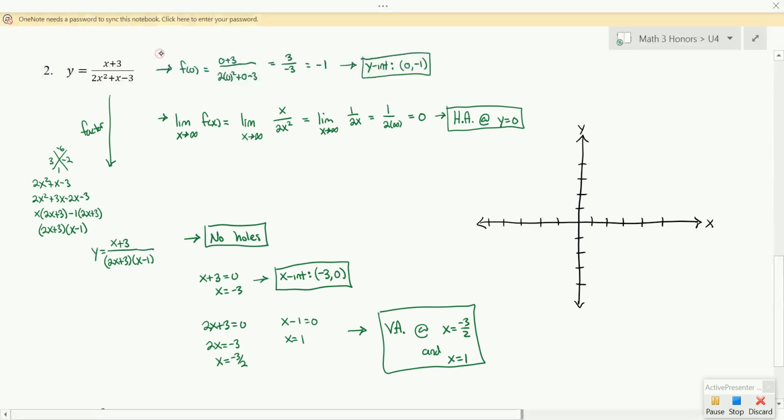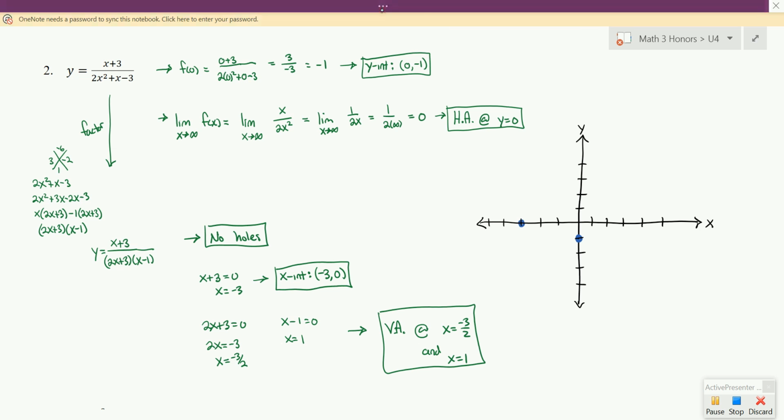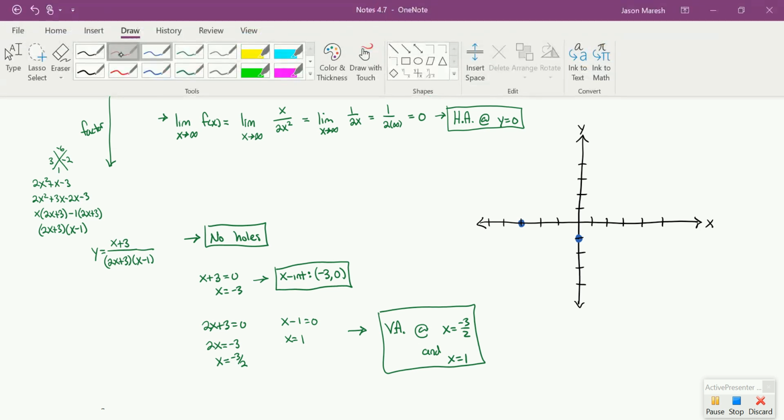So we have a y-intercept at (0, -1). And we have an x-intercept at (-3, 0). We have no holes. We have a horizontal asymptote at y equals 0.